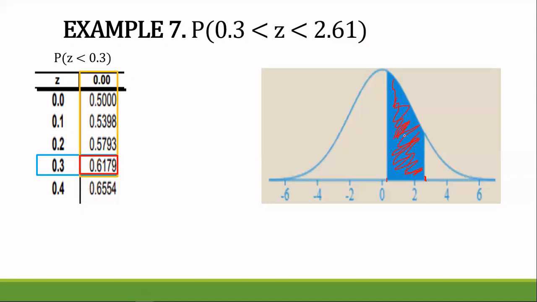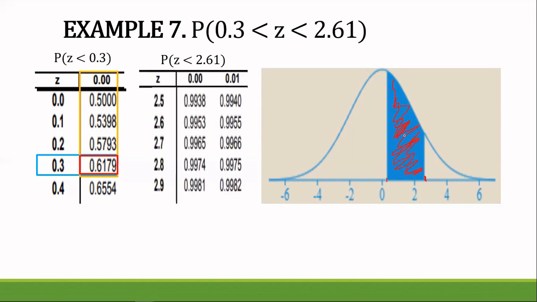So hold lang natin yan dyan. Then hanapin natin yung value ng Z, which is 2.61. So ayan, so 2.6. And then we're looking for 0.01. Ayun siya. And then the intersection will give us 0.9955.